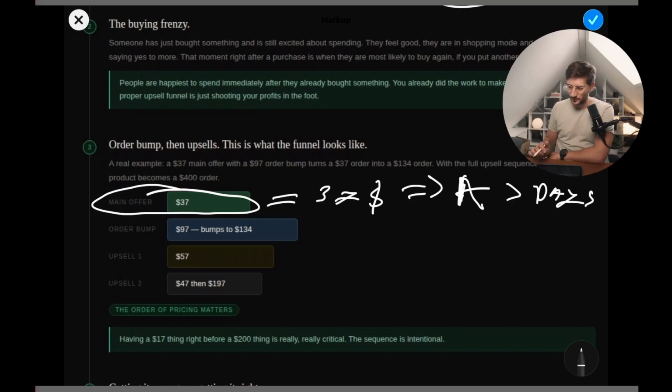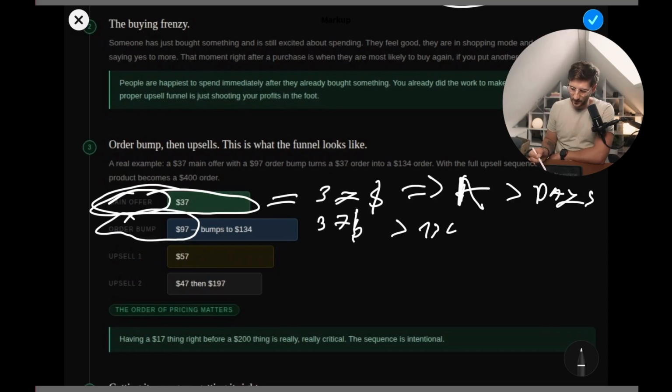What you can do is give the main offer, $37, and then on the same page have a bump for $97. That means all of a sudden your $37 became $134.